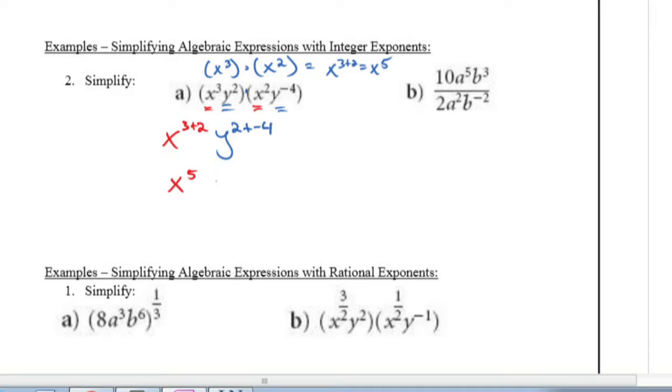Y to the 2 plus negative 4 is y to the negative 2. I know I can't have negative exponents in my answer. In order to make this positive, I'm going to have to flip it. 1 over y to the 2. These are being multiplied. So it's just going to equal x to the 5 over y squared.